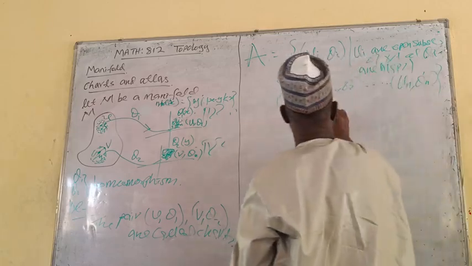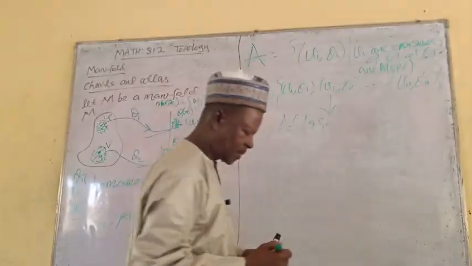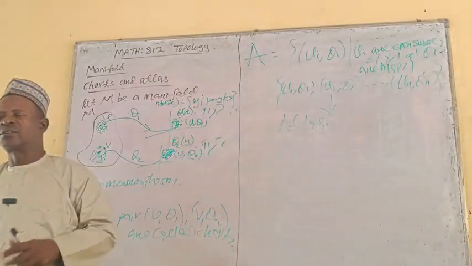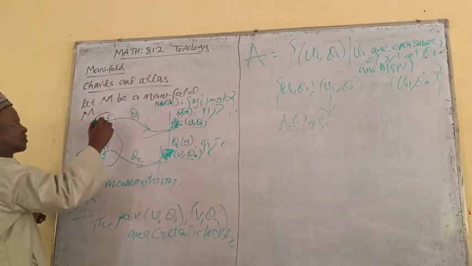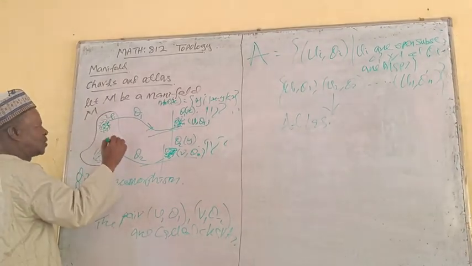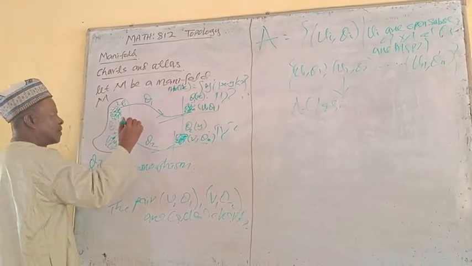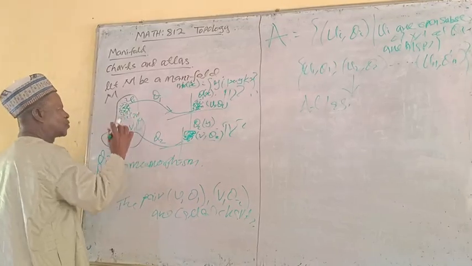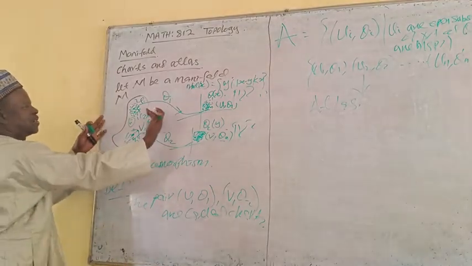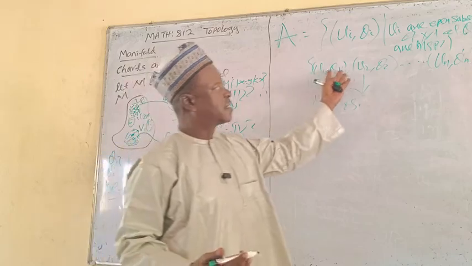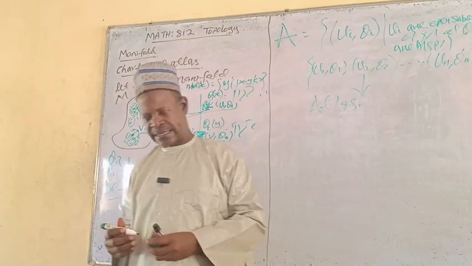This collection is called an atlas. When you collect all the charts, because this is going to produce maybe U1, V1, maybe you may have another one here, U2, another one here, V2. So you are going to have so many of these open sets in the manifold, and it generates this collection, which we now call the atlas.